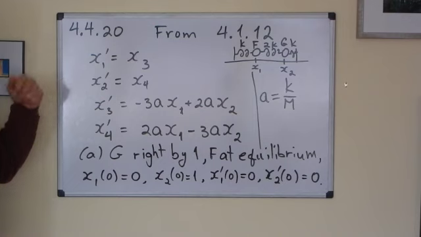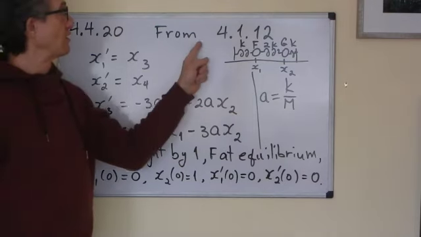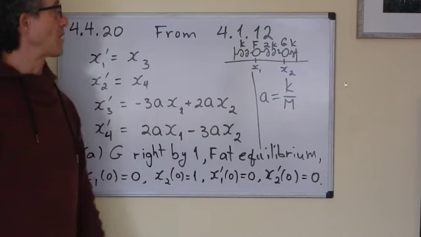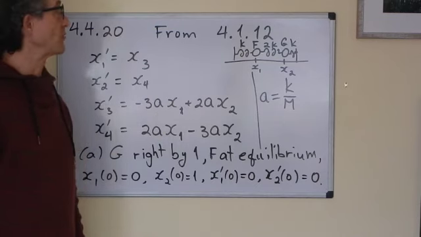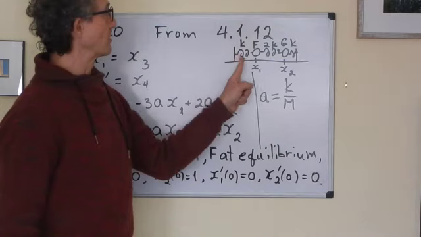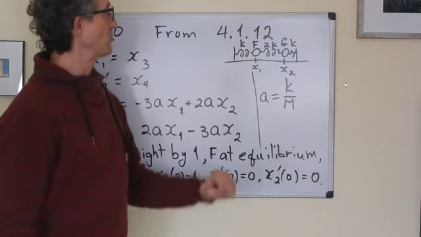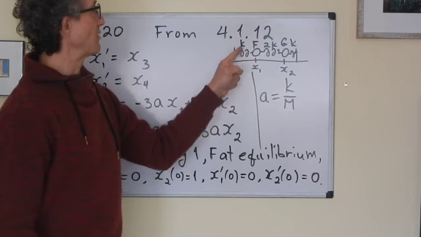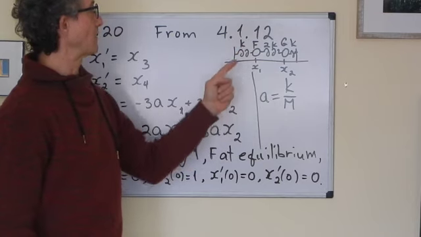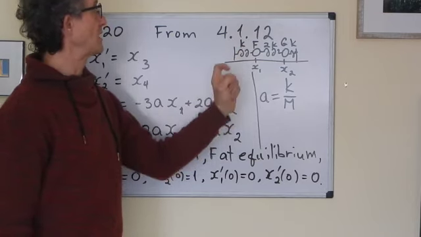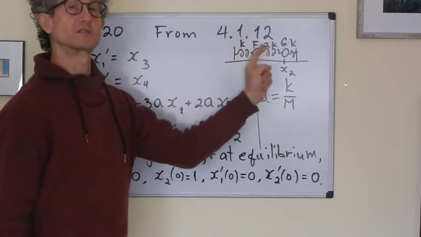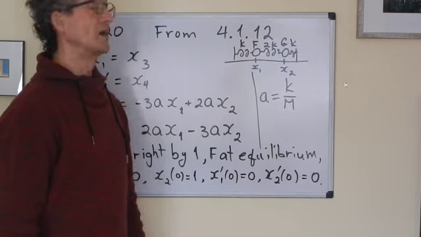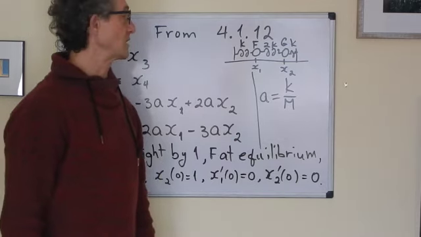In this problem, we are continuing the setting that we first modeled in problem 12 in section 4.1. There are 3 springs, 2 masses of mass m, and the spring on the left has spring constant k, the middle one has spring constant 2k, and the spring on the right has spring constant k.